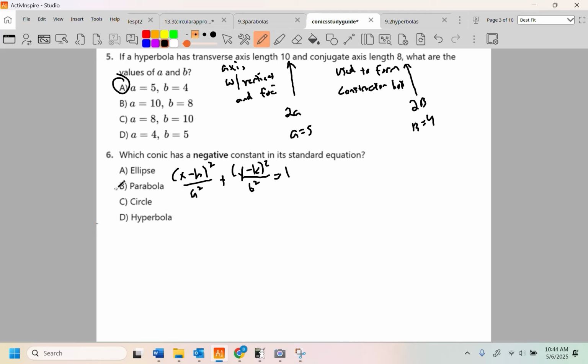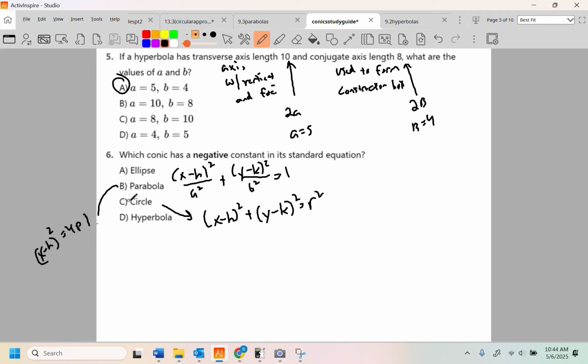The parabola, depending on which one you're doing, is usually something along the lines of x minus h squared equals 4py. And you'll notice that we have a positive. The circle, which you haven't really talked about in a long time, is x minus h squared plus y minus k squared equal to r squared.